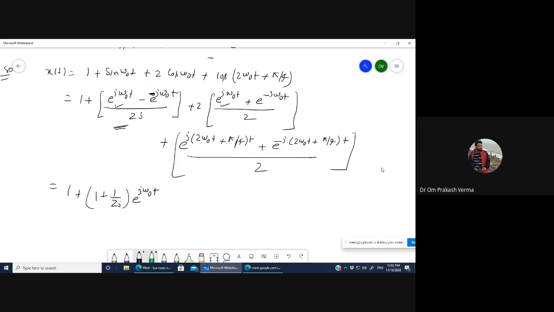In a similar way, you can find the coefficient of e to the power minus j omega naught t. Can anybody tell me what is the coefficient of e to the minus j omega naught t?